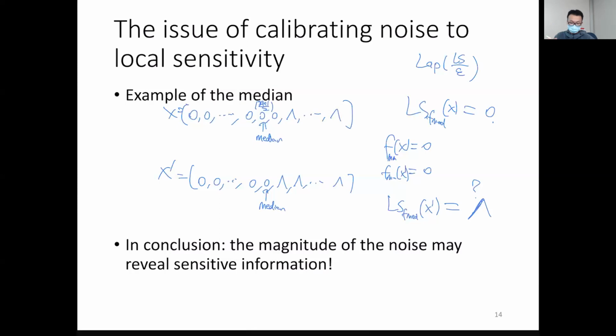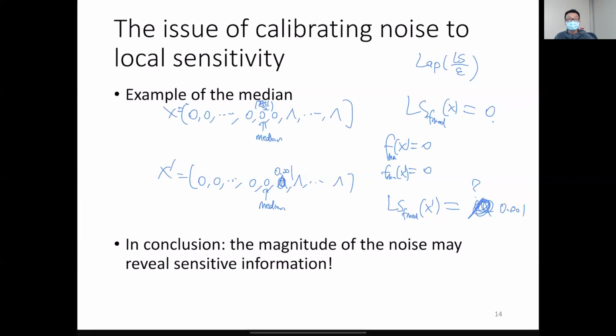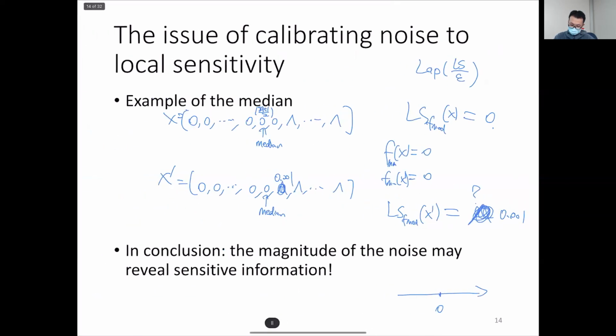This doesn't even have to be lambda. Let's say that this is 0.001, and then the local sensitivity here will be 0.001, which is sufficiently close to 0. But suppose we plot the two distributions of interest. This is 0. For A of x, this will be a point mass.